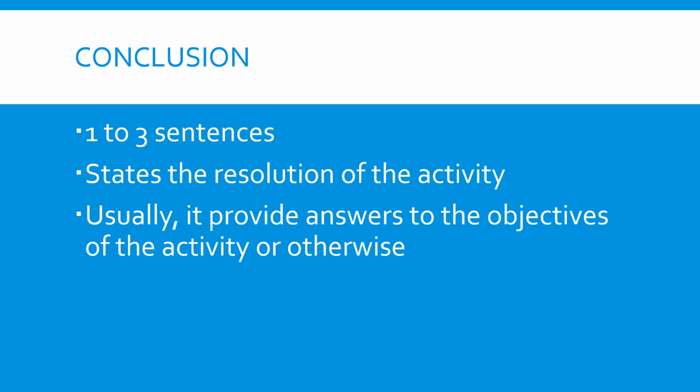So, just say that there. For example, this activity is aimed to enhance the skill in measuring the volume of regular and irregular solids, that's its objective. So, in the conclusion part, you just say that the experiment followed a simple technique in measuring volume of regular and irregular solids. Period. Now, let's proceed with the example.